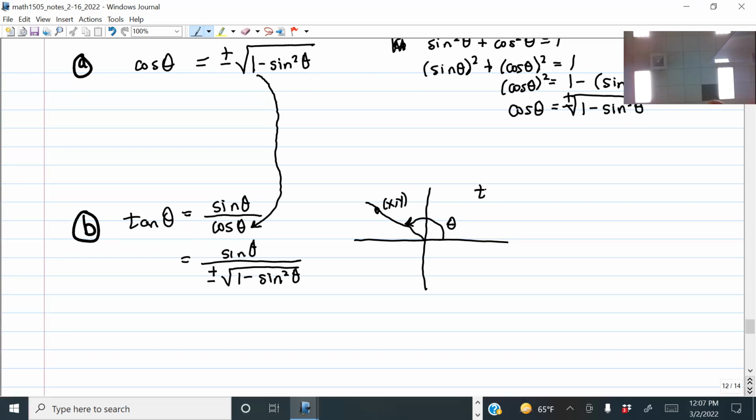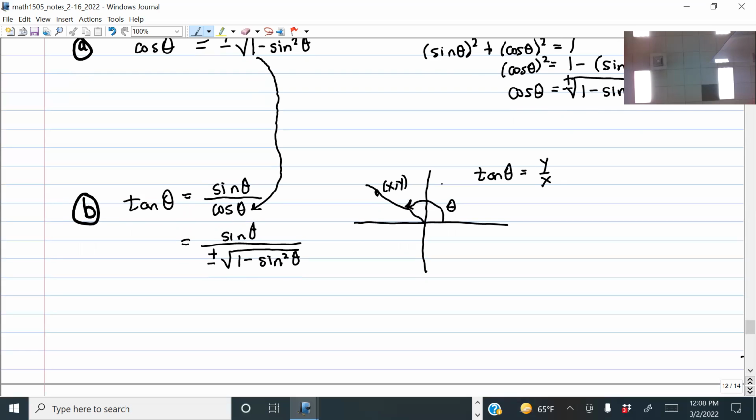What's the original definition of tangent from this picture? Y over x, right? But what's the sign of that going to be in the second quadrant? What's y over x going to be?